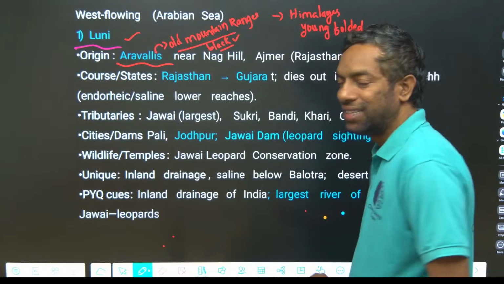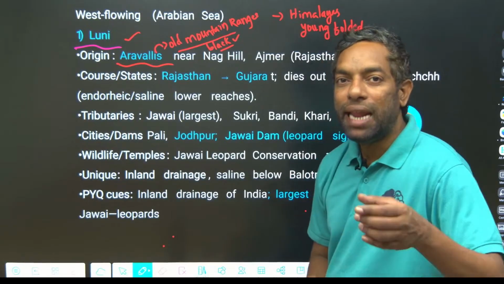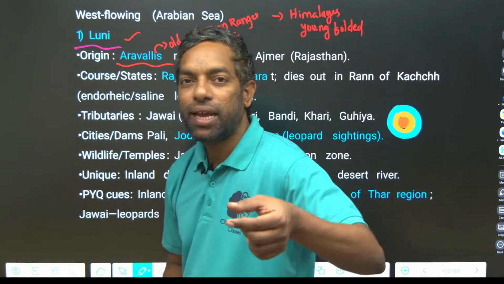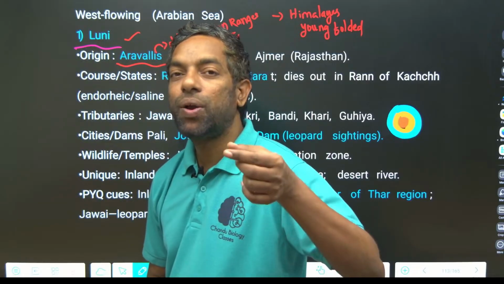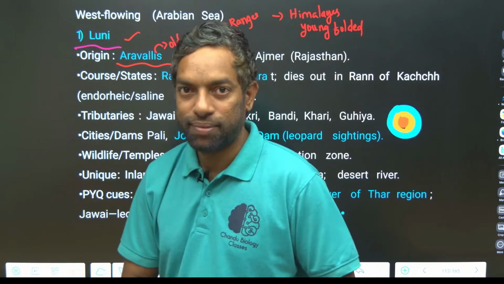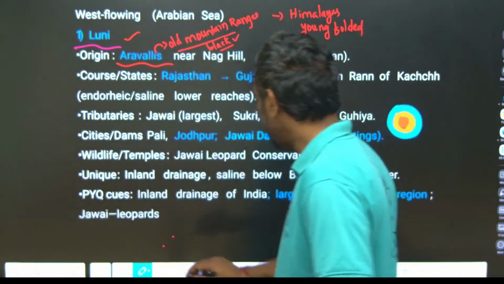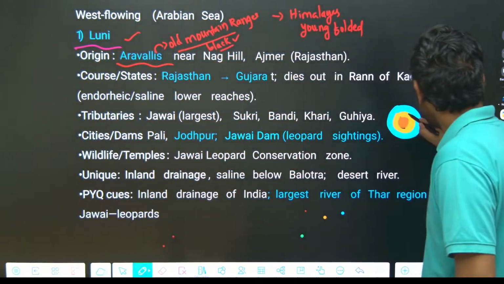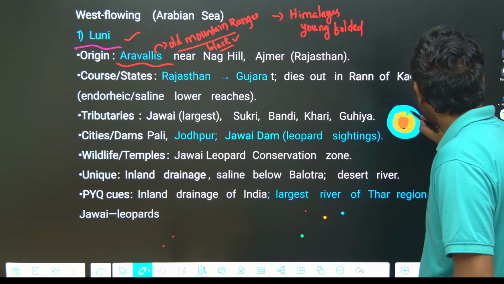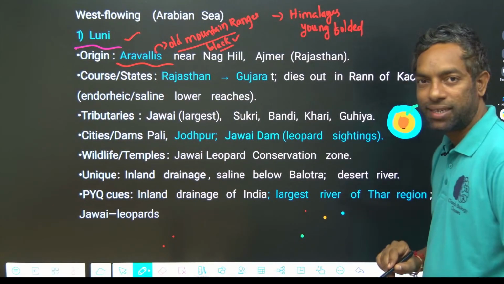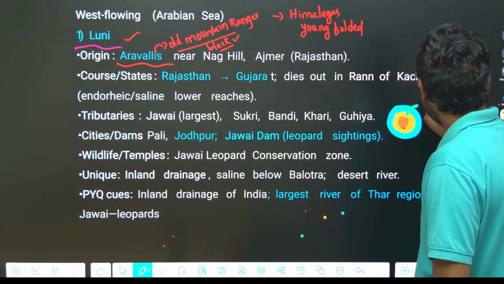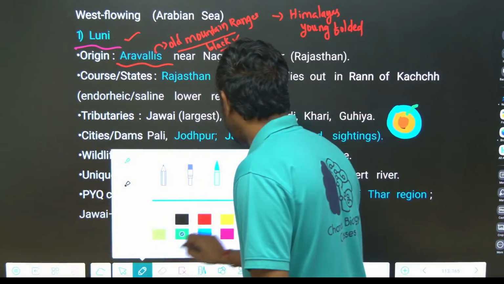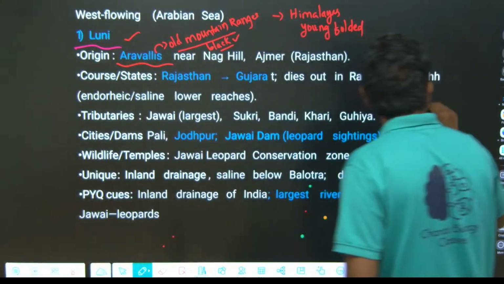These are the earth's layers, guys. This is the mantle area. It can melt and exit from the crust as lava.